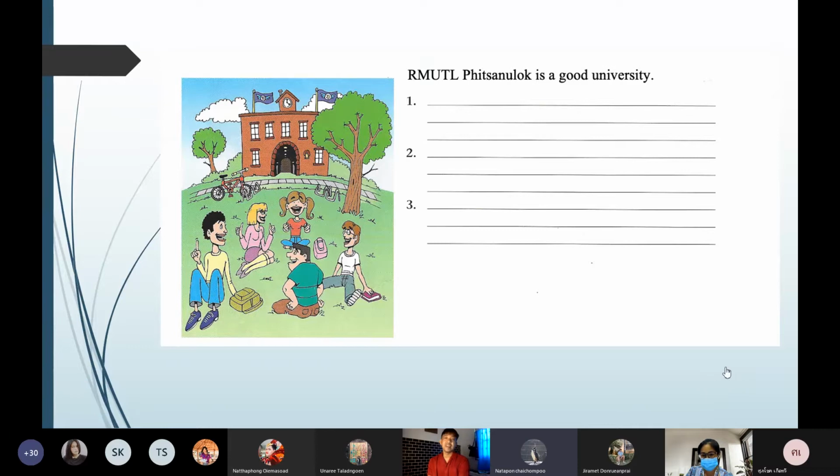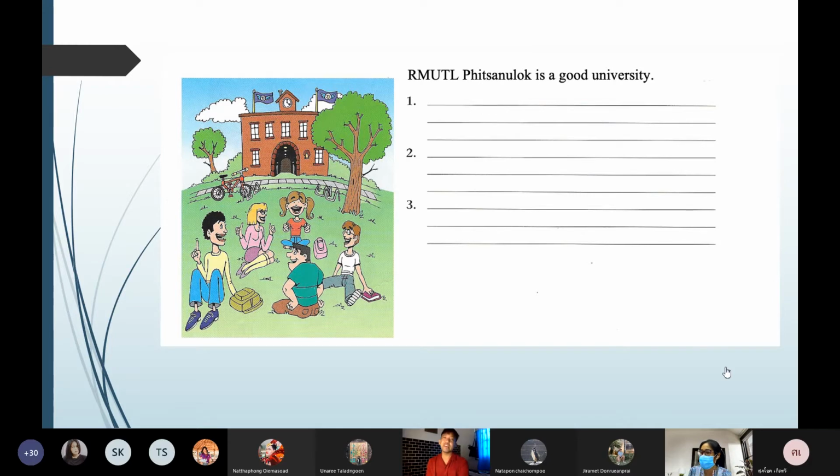Okay, that could suffice. Again, number one, Phitsanulok is a good university. First, I think it is a good university because it is a friendly university. For example, it has fewer students, so everybody knows each other, right?